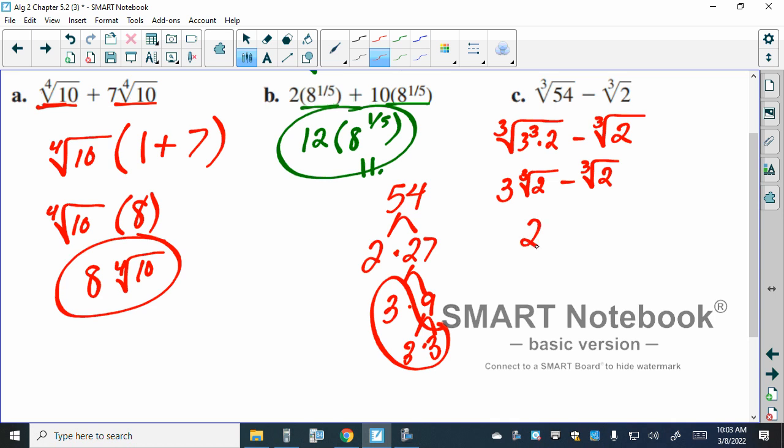Because really I have 3 and I take 1 away, so we're left with 2 cubed roots of 2. And that's all we have to do for this here. Any questions on this?